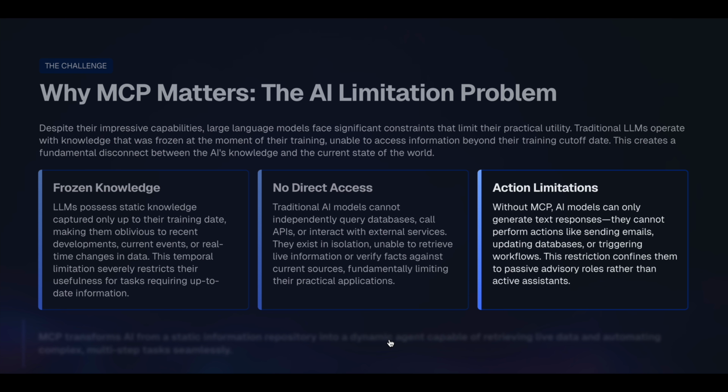If MCP had not been there, AI models could have only generated text responses. They would not have performed actions like sending emails, updating databases, or triggering workflows, and there could not have been any agent so far. So now MCP has allowed an LLM to become an active assistant instead of a passive advisor.